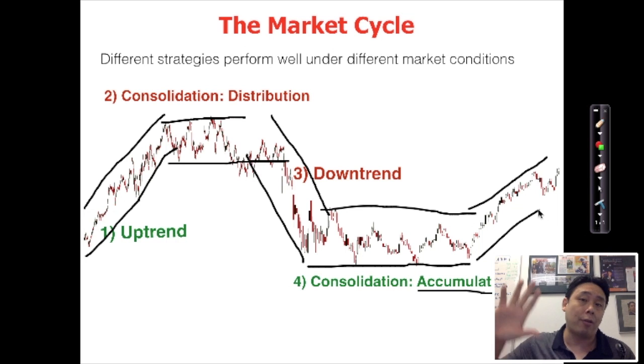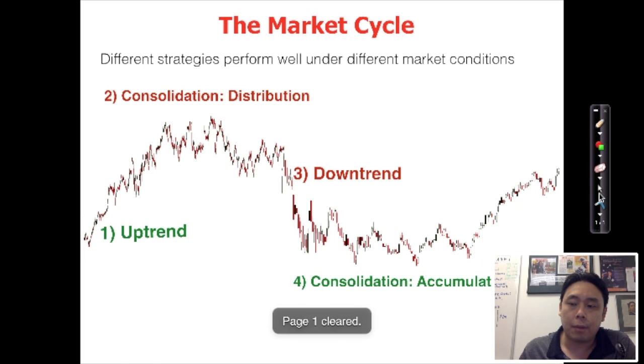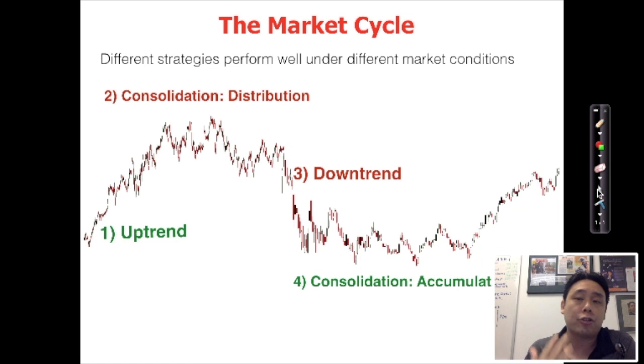Sometimes it can go from an uptrend and reverse immediately into a downtrend. Or it could go through a consolidation that looks like a distribution, and the next thing you know, it breaks up into a new uptrend. So everything is possible, but more or less, it follows this sequence. So let's take a closer look at the different phases, and what kind of strategies tend to flourish under each phase.